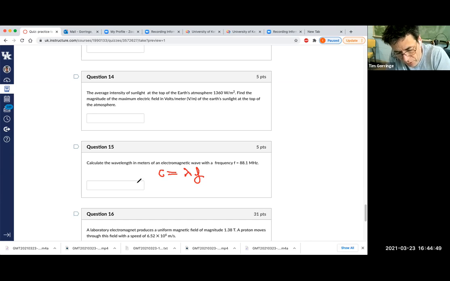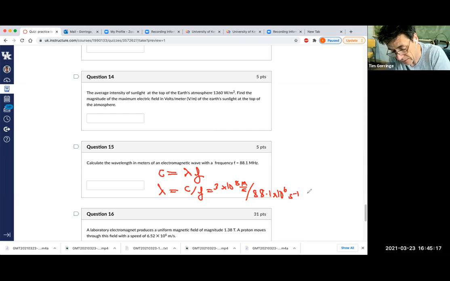Now, we want, in this particular case, the wavelength knowing the speed and the frequency. So we just divide through by the frequency and then fill in the speed, 3 times 10 to the 8 meters per second. Fill in the frequency, 88.1 times 10 to the 6 inverse seconds.